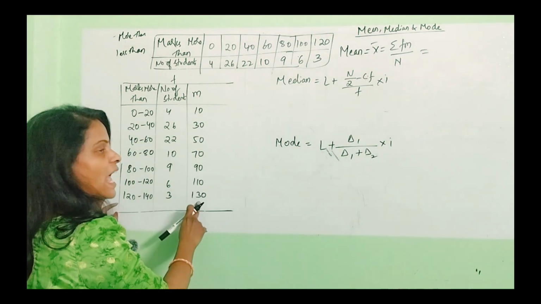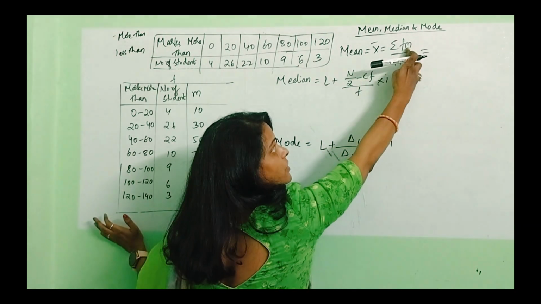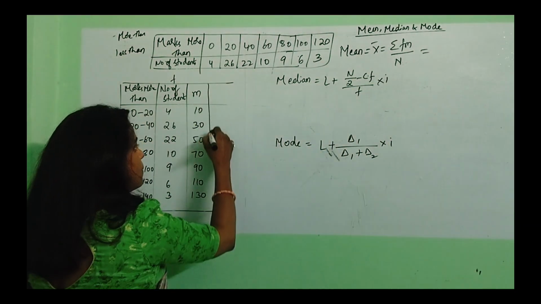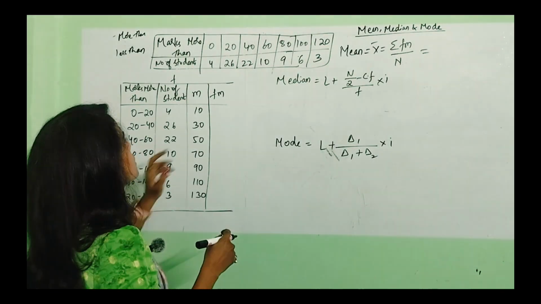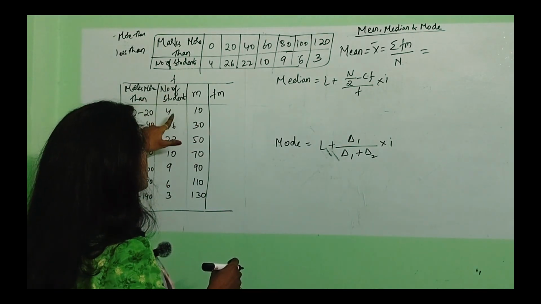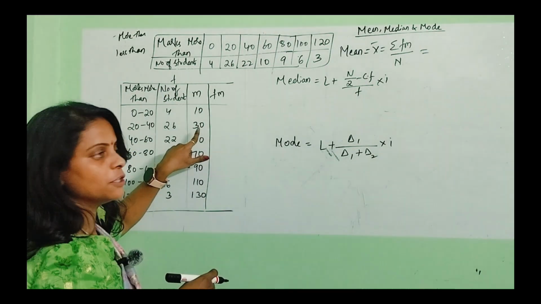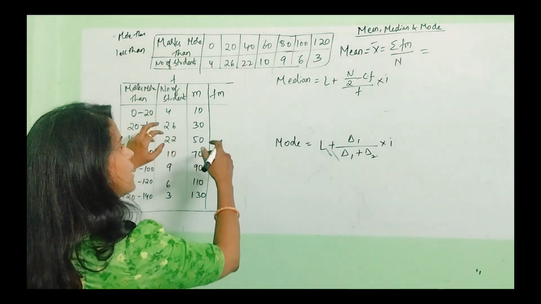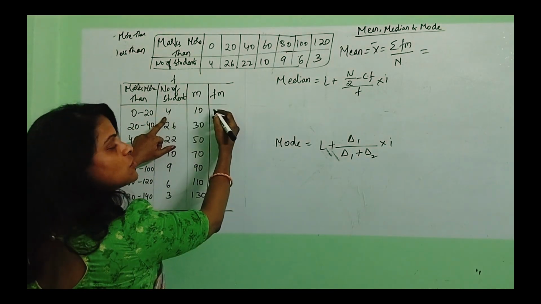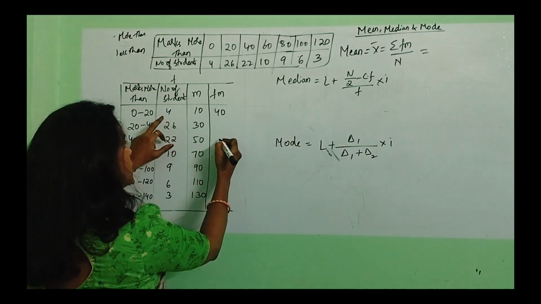So this is M. What we have to find out here is fm, that is F into M, frequency into mid value. I have already done the calculations there. I will write down the values here. 4 into 10, that is 40.